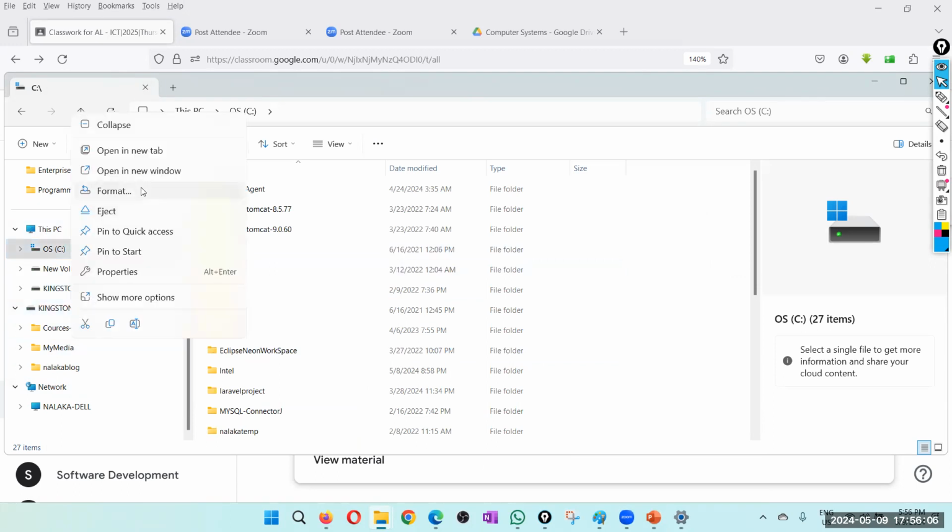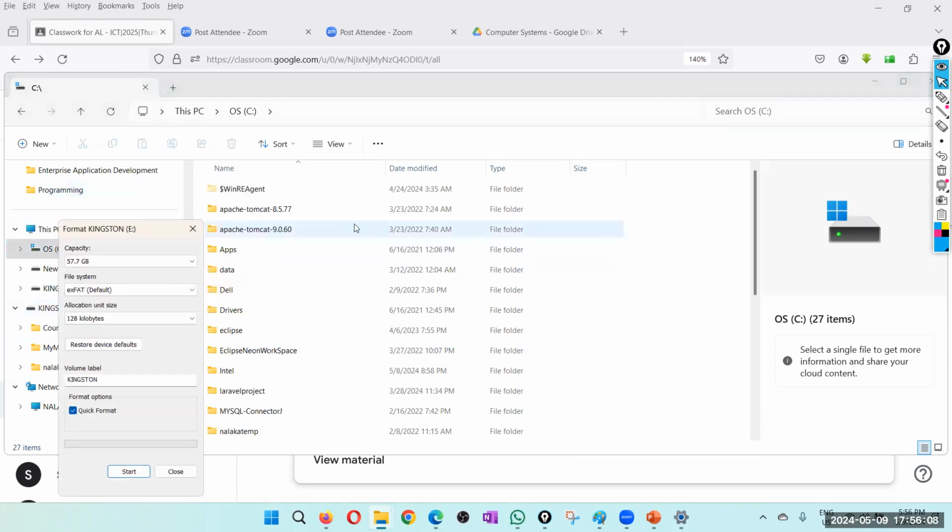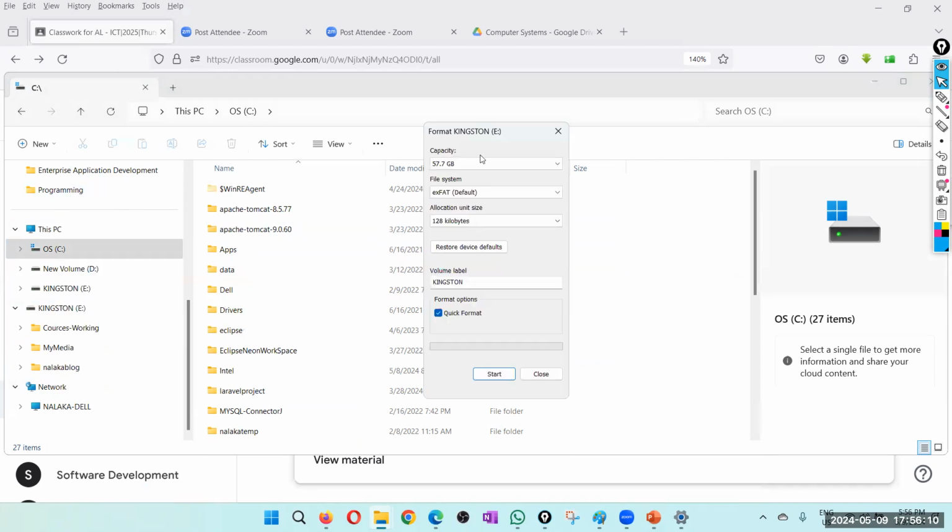If I want to format it, now here you can see it asks which file system you want, whether you need NTFS or FAT. You can see FAT is the default. Of course, I can use NTFS, which is optimized for Windows. Then I cannot use this pen drive in a Linux environment.